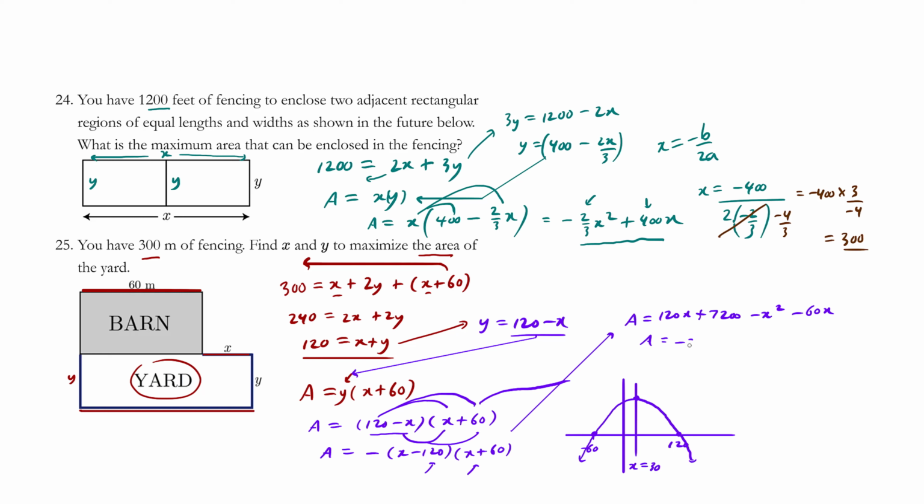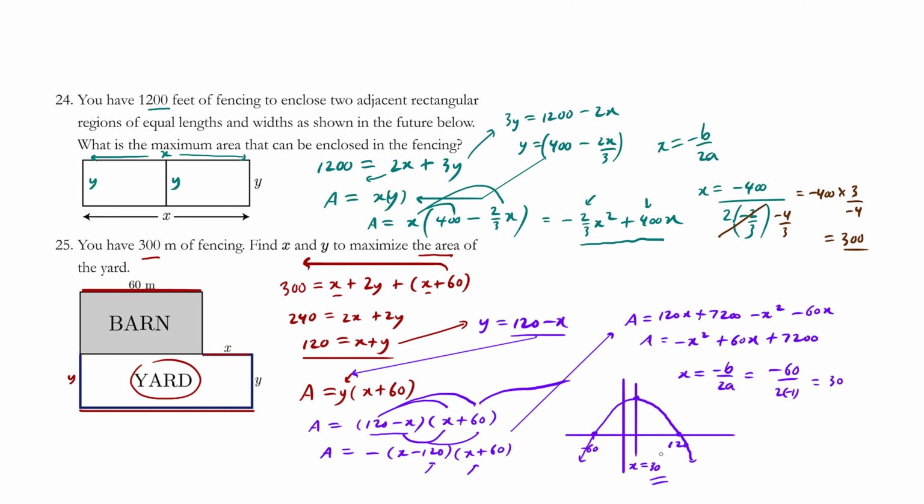So the area formula is also negative x squared. We have 120x minus 60x, which is plus 60x, plus some large constant. And we know that the line of symmetry is x equals minus b over 2a, which is minus 60 over 2 times negative 1. So 2 negatives cancel, we have 30. And as you can see, our previous technique also gives us the same answer.